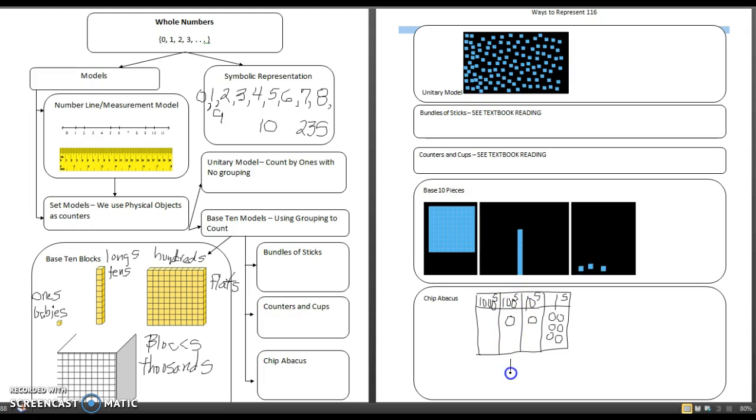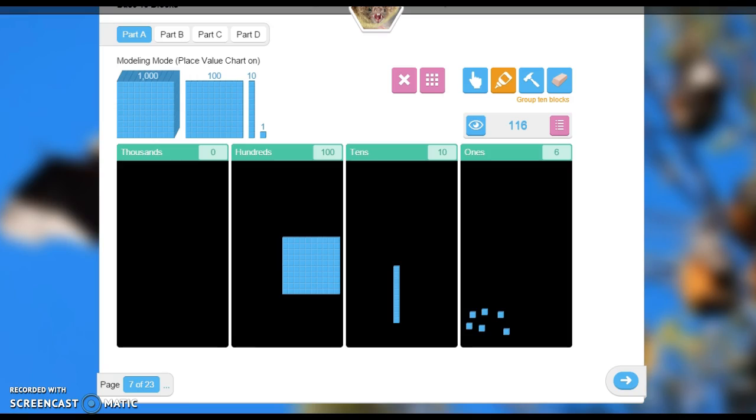Well, in the hundreds column, I have 1. In the tens column, I have 1. In the ones column, I have 6. All right, so I'm going to go back to this screen for just a minute. And the reason I want to do that is to show what's important to students in going backwards.